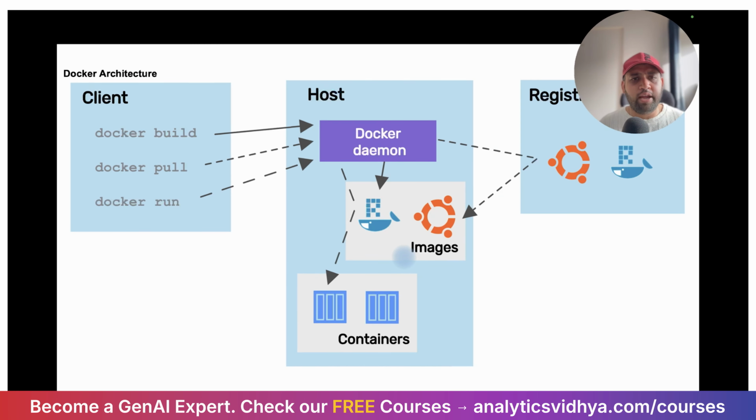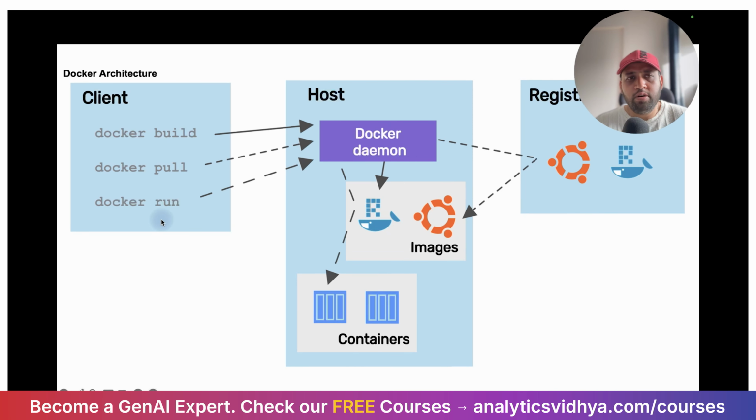And at a high level, the Docker architecture. These are the three major commands that help you build and run any image or container. First is docker build, which allows you to build an image. Sometimes you use docker pull to pull an image that has been built by someone else and you just want to use it.